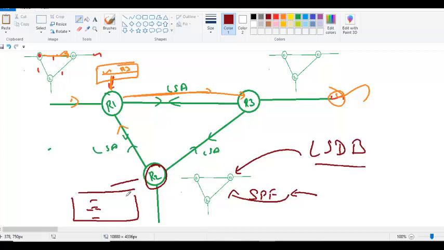All that is there in the LSDB will not be utilized. The route that is picked up by SPF as the best route gets placed into the routing table. Only those routes will be used for packet forwarding to the destination. Okay. So the SPF algorithm is the one which picks the best path.